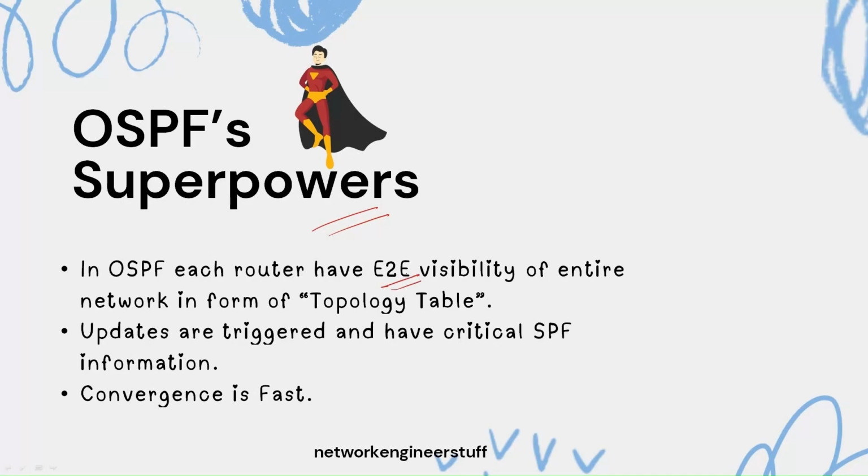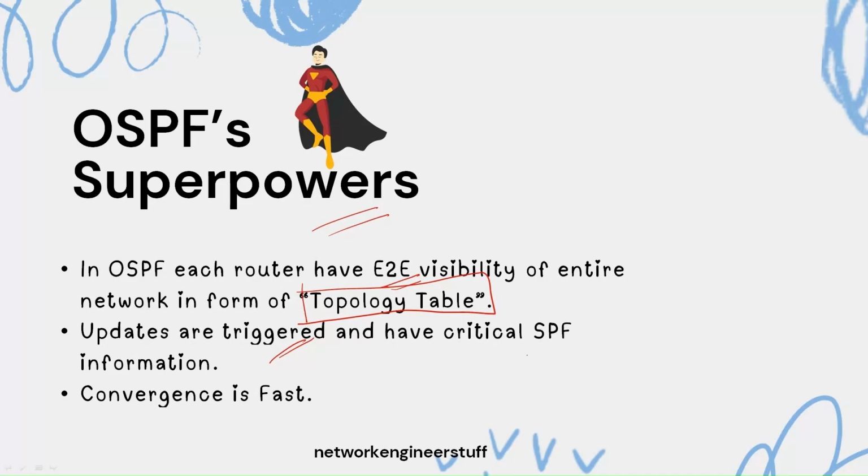We have seen that each OSPF router has an end-to-end visibility of the entire network in the form of a topology table. OSPF has something known as a topology table, in which all the routes to reach all the networks are present. In OSPF, the updates are triggered. If something goes down in the network, there's a topology change, and by triggered we mean that immediately an update is sent to all the routers in the OSPF domain.